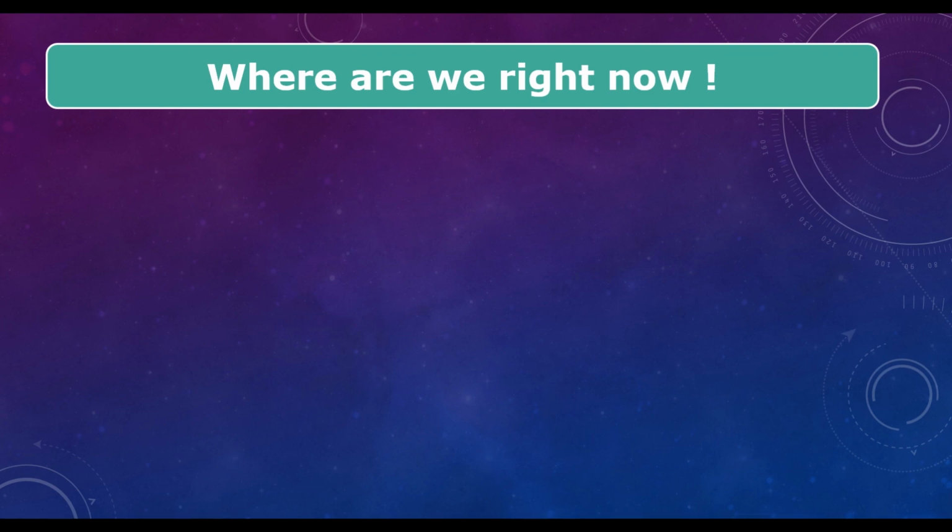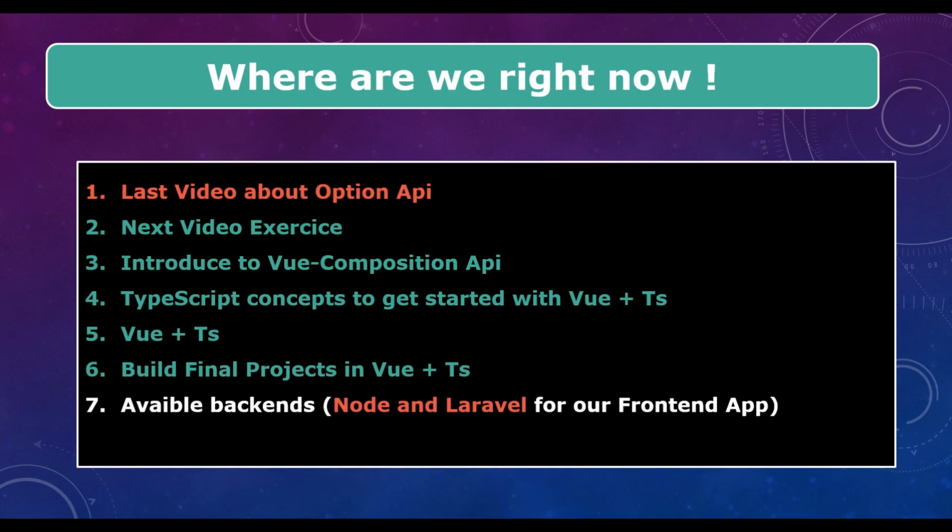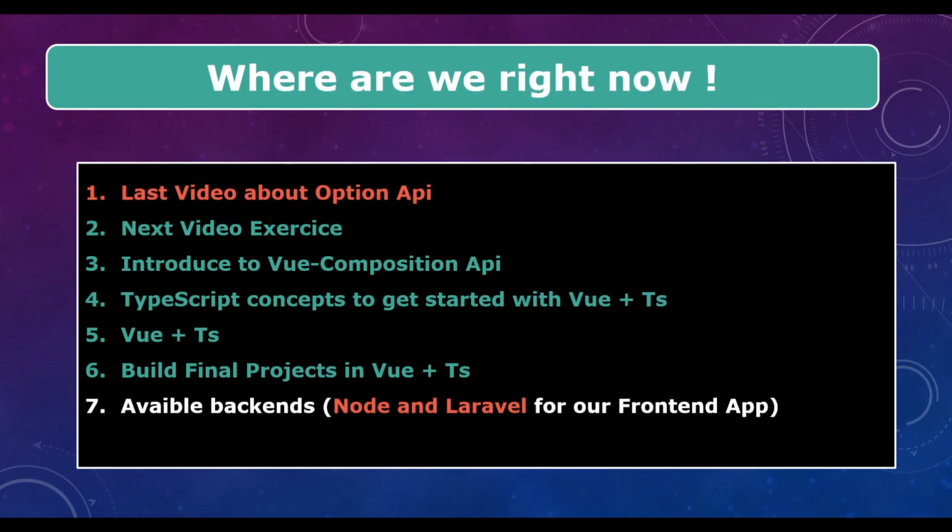Now, where are we right now throughout this Vue course? Right now, we are at the last video about Option API. In the next video, we're going to do an exercise that covers everything we have seen so far. And then we're going to jump to Composition API, because so far we have learned the Option API and how to do things within it.